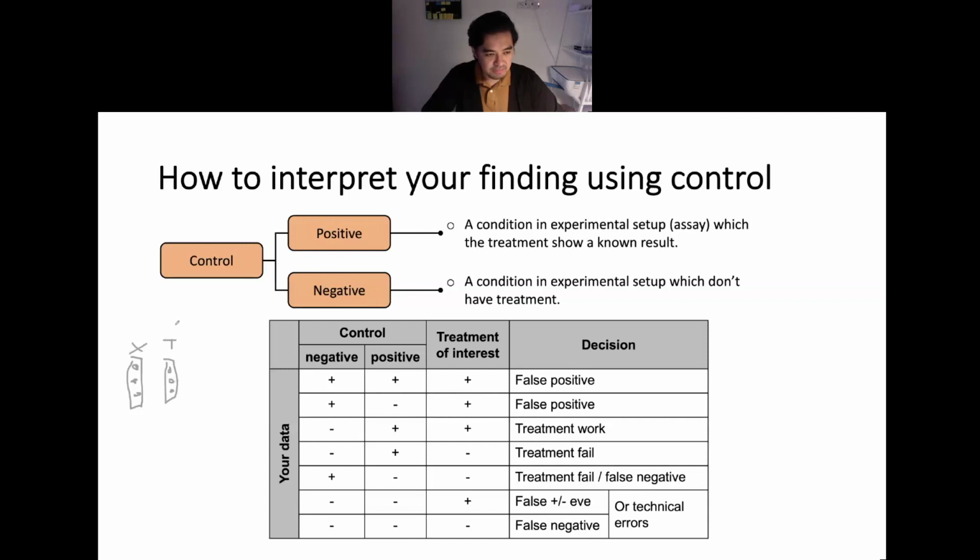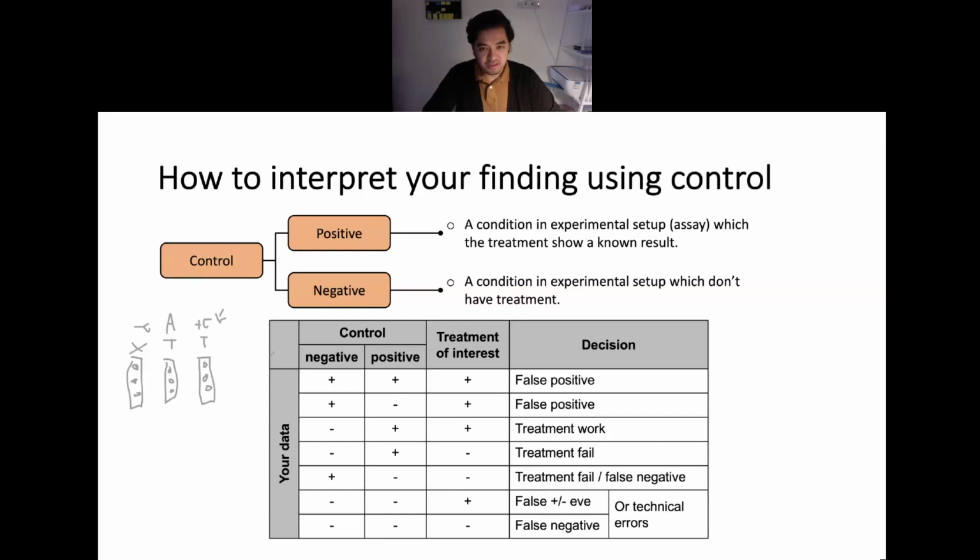Of course, you treat it, for example, with the hormone A. All right, and of course, this untreated is considered as your negative control, while you should have another treatment. For example, treated, but this one we treated with the hormone C, but C has to be known to give a better performance or better yield or better growth on the plant. Okay, and this is your positive control.